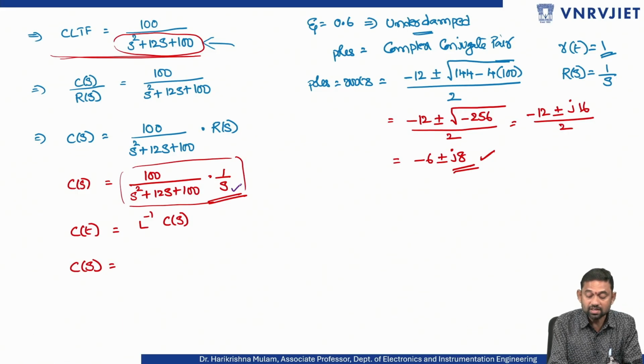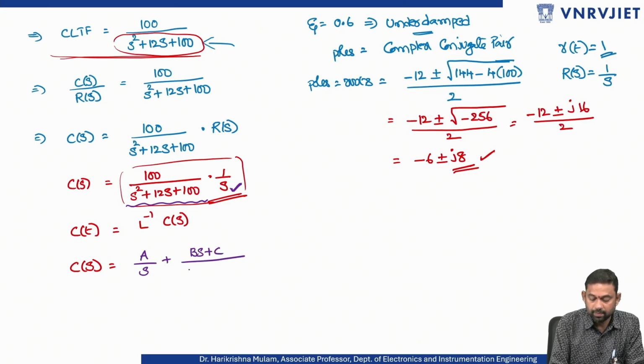Okay, one root is s is equal to 0, whereas the remaining two roots of this expression are the complex conjugate pair of poles, minus 6 plus or minus j8. Therefore, the expression should be written as a by s plus bs plus c divided by s square plus 12s plus 100.